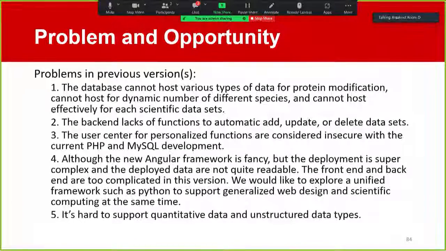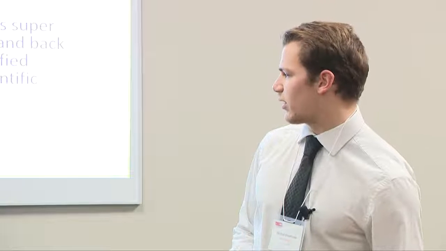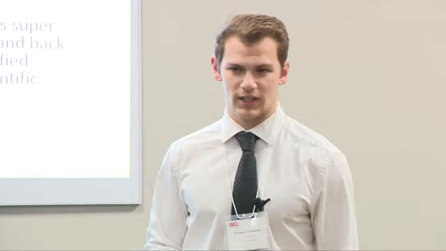And the user center that they had was considered insecure with the current PHP and MySQL implementation. Another problem was the Angular framework. It was fancy, but the deployment was complex, and the data wasn't as readable as they wanted it to be. And finally, it was hard to support quantitative data and unstructured data types.